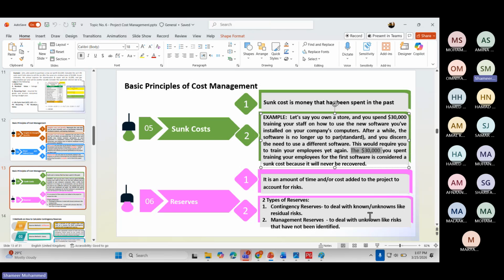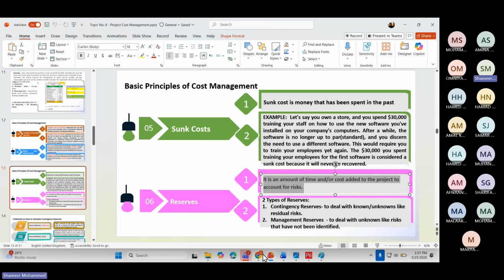Another term you should learn is reserve. It's an amount of cost added to the project and used in terms of risk. That means you are saving.